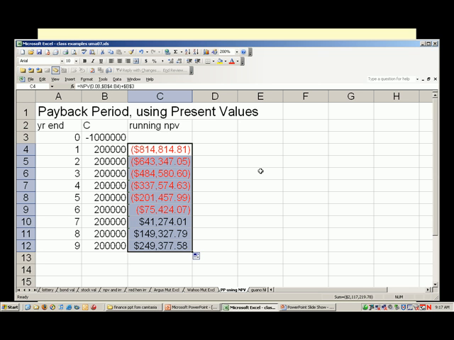And we get our running NPV calculation. I'll let you play around with how I did that to get comfortable with it and just focus now on the interpretation.